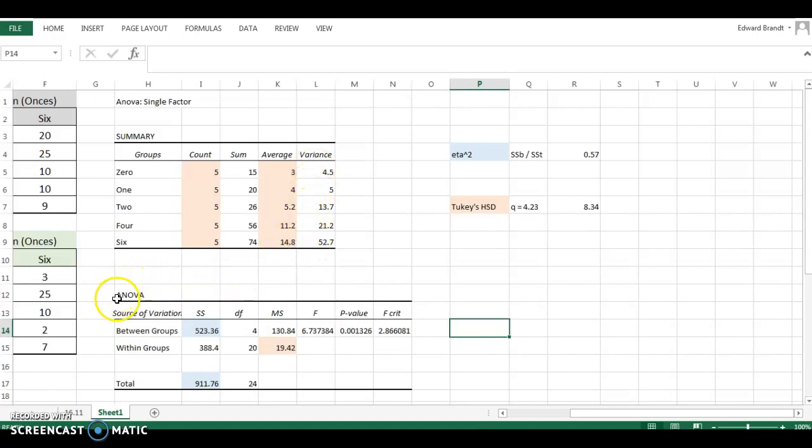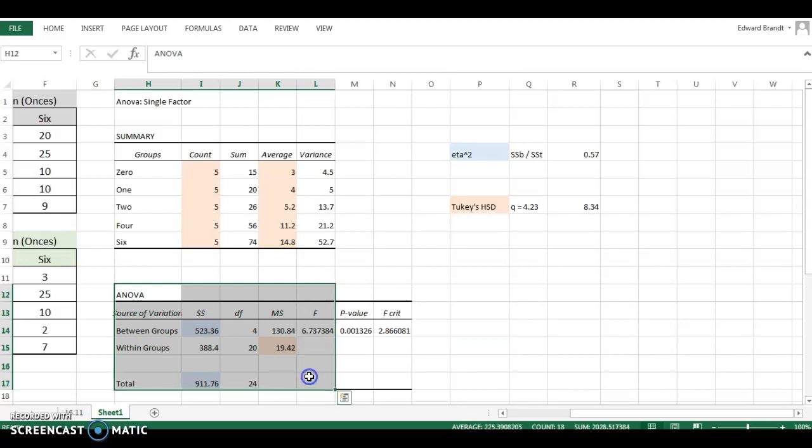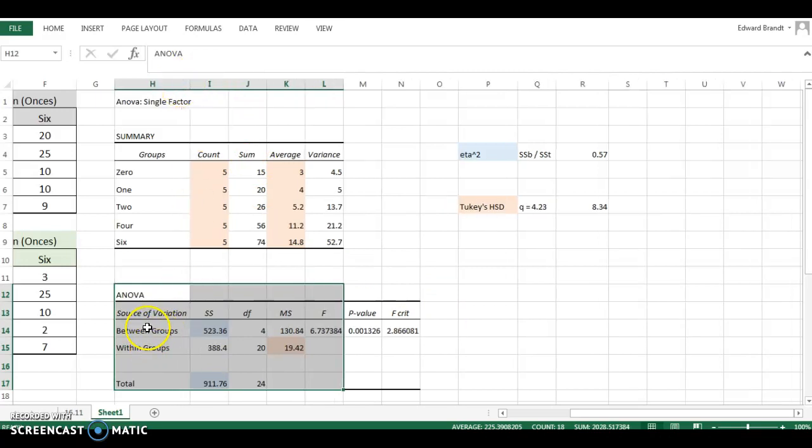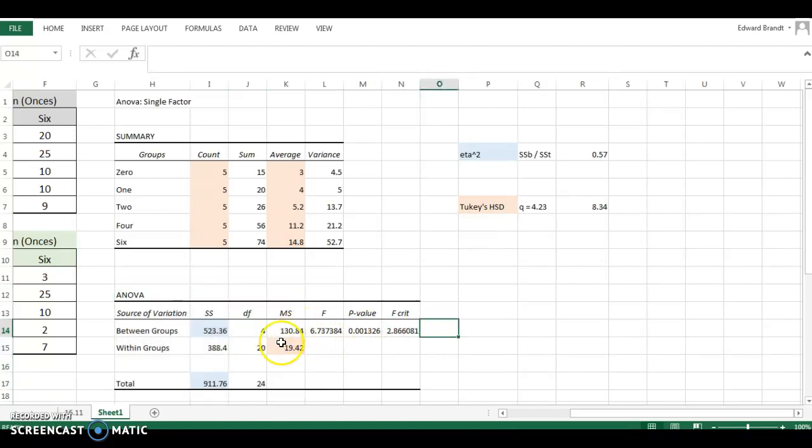And down here, this produced the table that the textbook actually was walking us through also and wanted us to produce, which was, again, you had the source of the variance, you have between, within, and total, the sum of the squares for each of those categories, the degrees of freedom, the mean standard error for each of these, and then these were the two values again that divide.